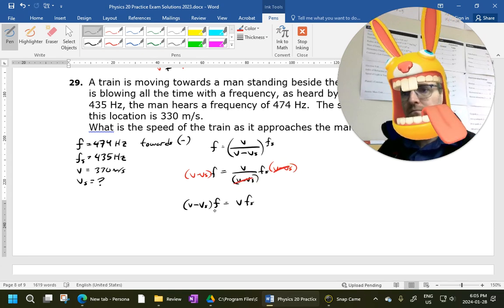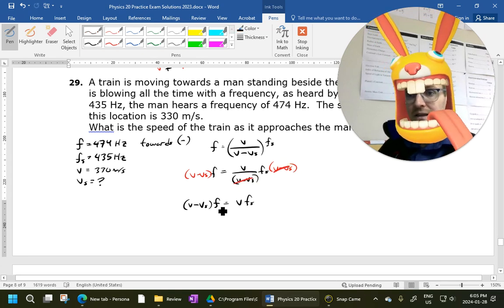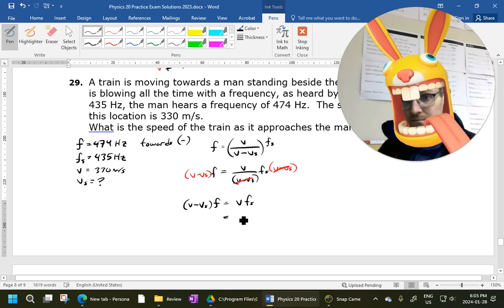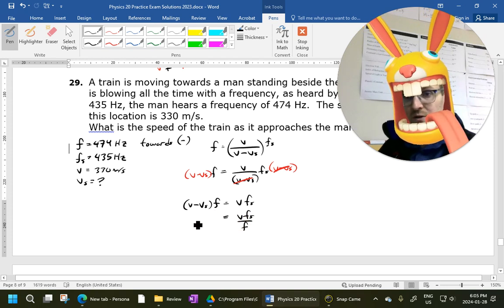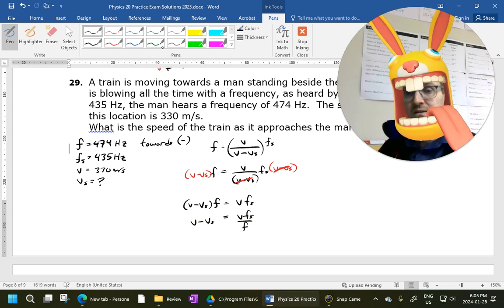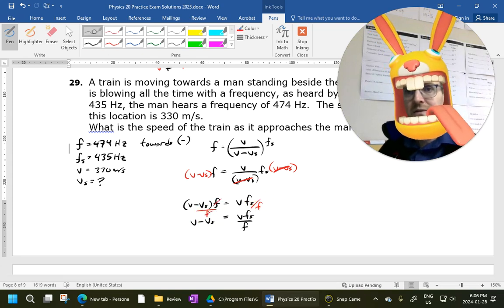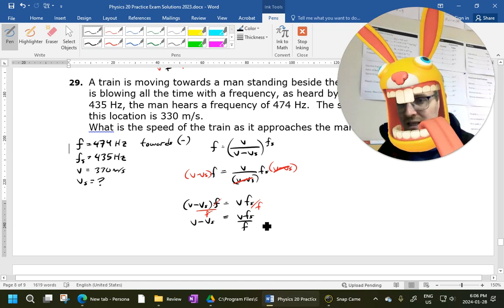Okay. Now my next goal here is to get rid of these brackets. So one thing to do, maybe divide the F down to both sides. If I divide both sides by F, they don't cancel out because they're different Fs.